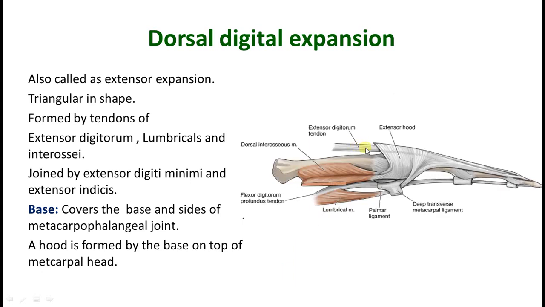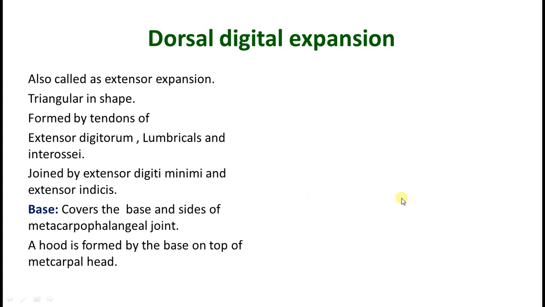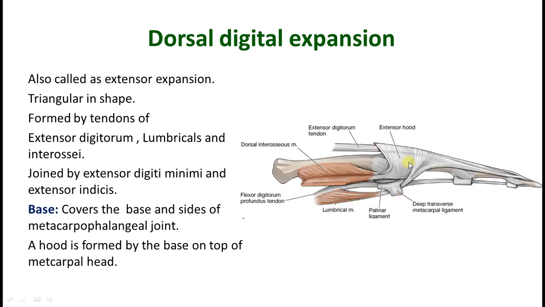This base is related to the deep transverse metacarpal ligament, which will be present here. In side view, you are able to see the hood formed by the base of the extensor expansion, which covers this extensor tendon.